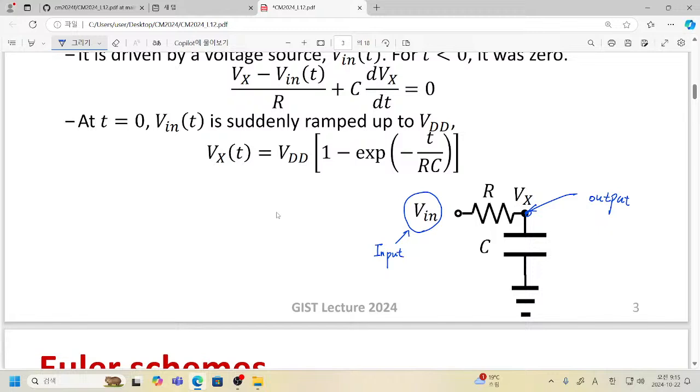So what will happen if I change my amplitude? However, amplitude in this case doesn't play any role because the system itself is a linear system. However, what will happen if I change my frequency? Frequency really makes big differences in this case.